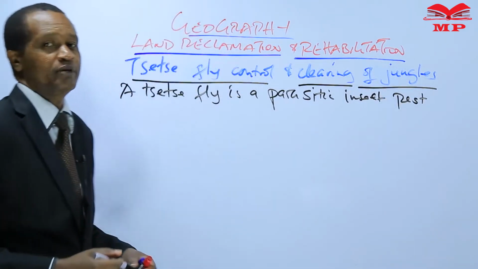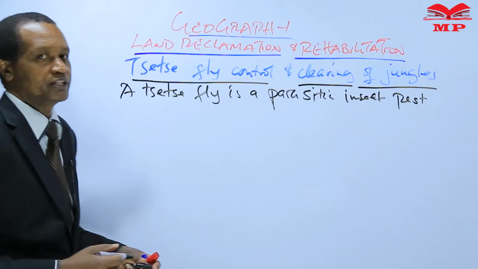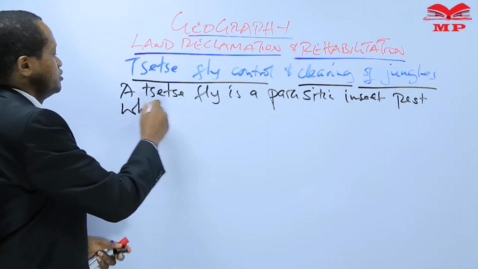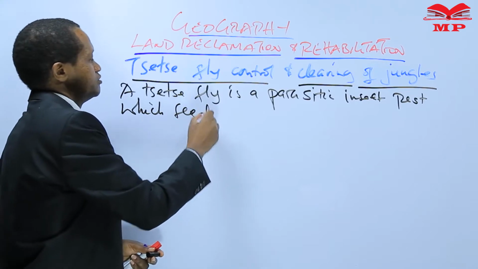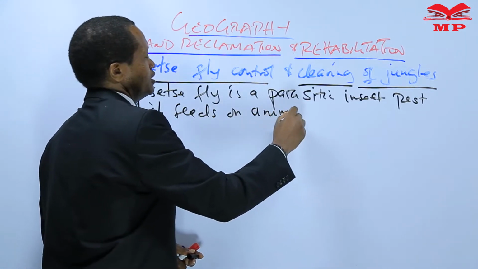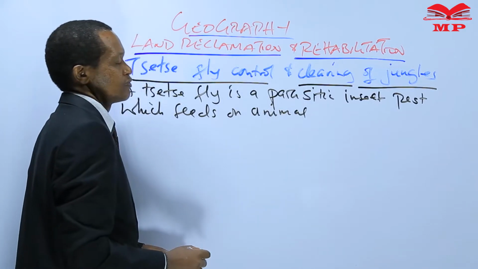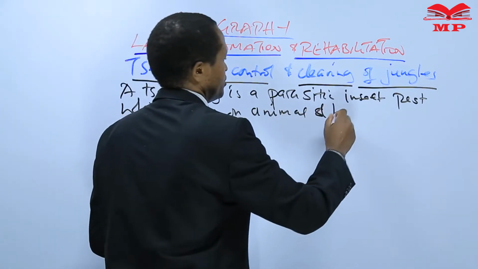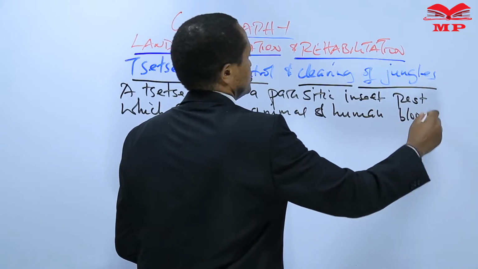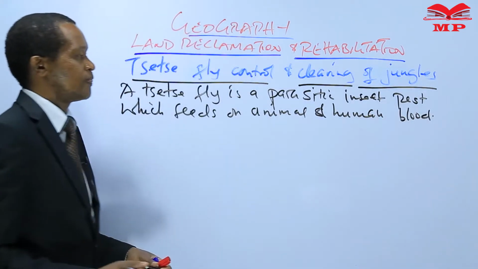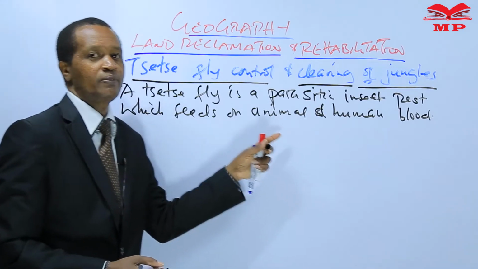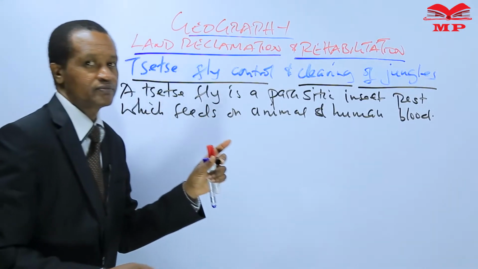Fly is a parasitic insect pest which feeds on animal and human blood. The insect feeds on animal and human blood.